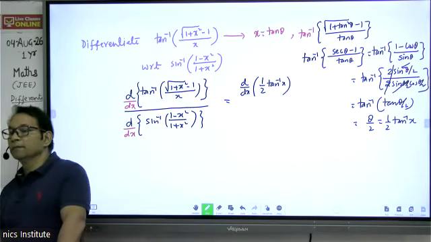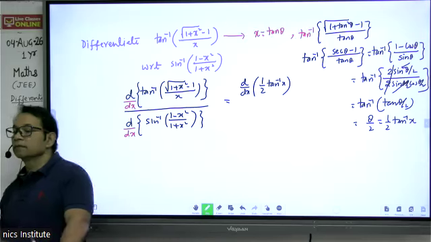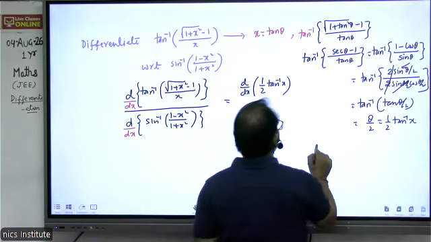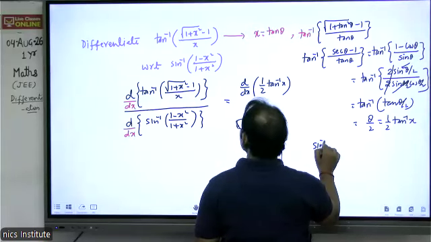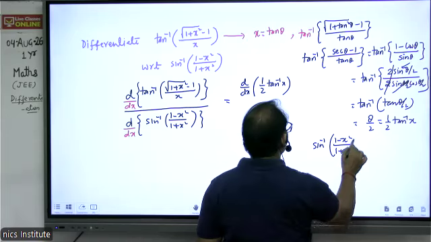The answer is coming as minus 1/4. And this is sine inverse of 1 minus x square over 1 plus x square.